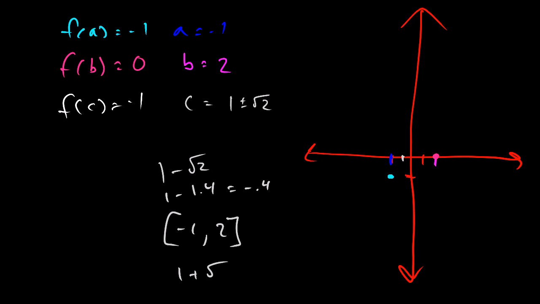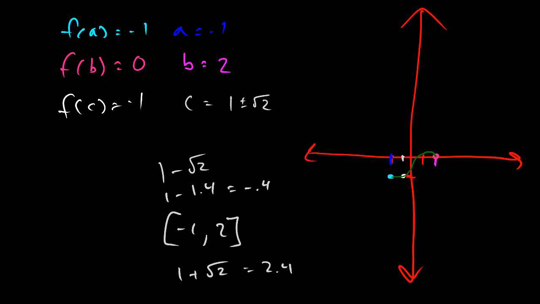So 1 plus the square root of 2 is equal to 2.4, which is outside our interval. So if our f of c is equal to there. So using these 3 dots, we're going to create a function that goes through all of them.